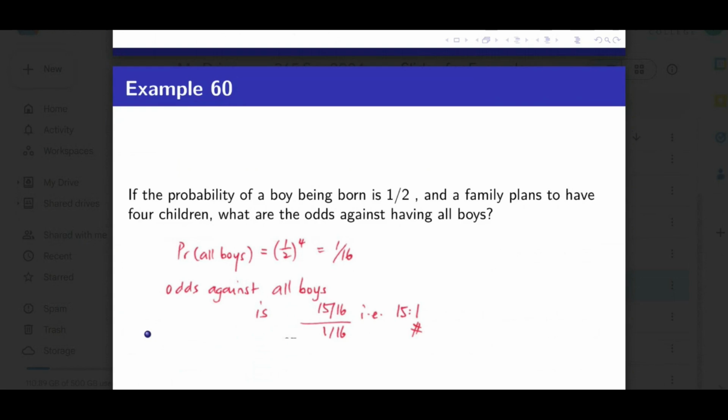Similarly, all 4 girls has the same probability as well. So the only thing to take note of is when you say odds, it's like odds for or against. If you say against, then it's the opposite effect. You can turn it around.